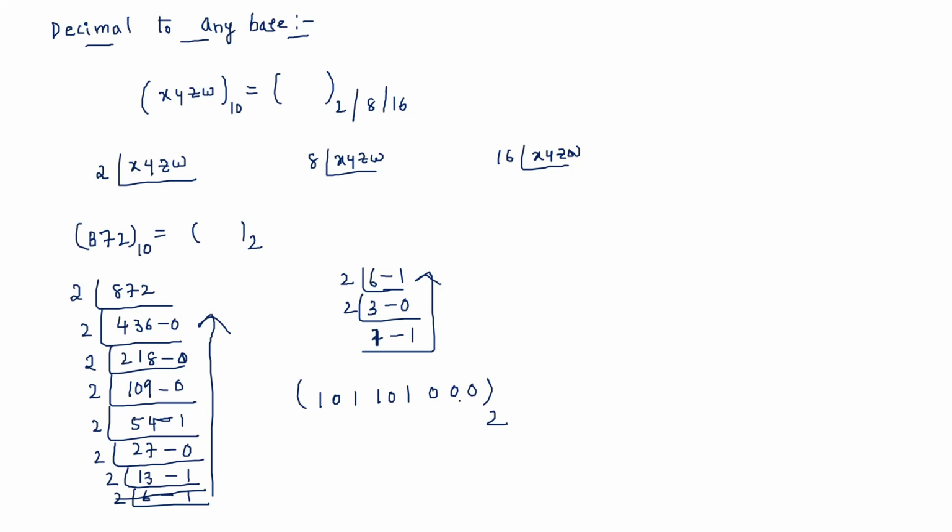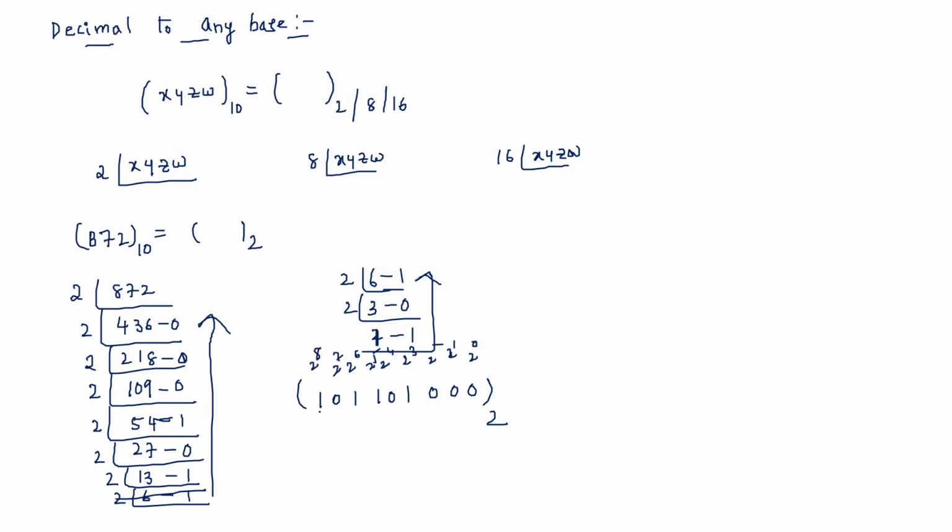How do we know this number is correct or not? You can check that. This is 2 power 0, 2 power 1, 2 power 2, 2 power 3, and so on up to 2 power 8.